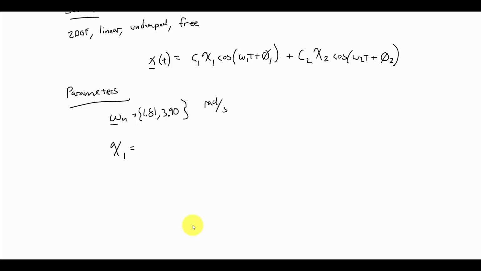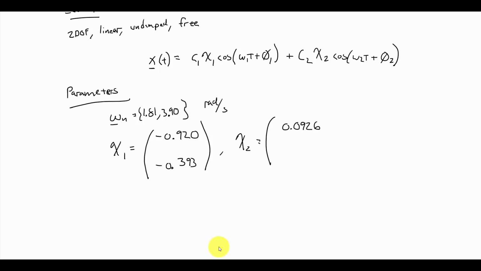I'll transcribe these. For chi1, and there'll be a little bit of rounding here, I got negative 0.920 and negative 0.393. And for chi2, again with rounding, it is 0.0926, and I'll write negative 1, even though clearly this can't have a magnitude of 1, but with rounding it's very, very close.